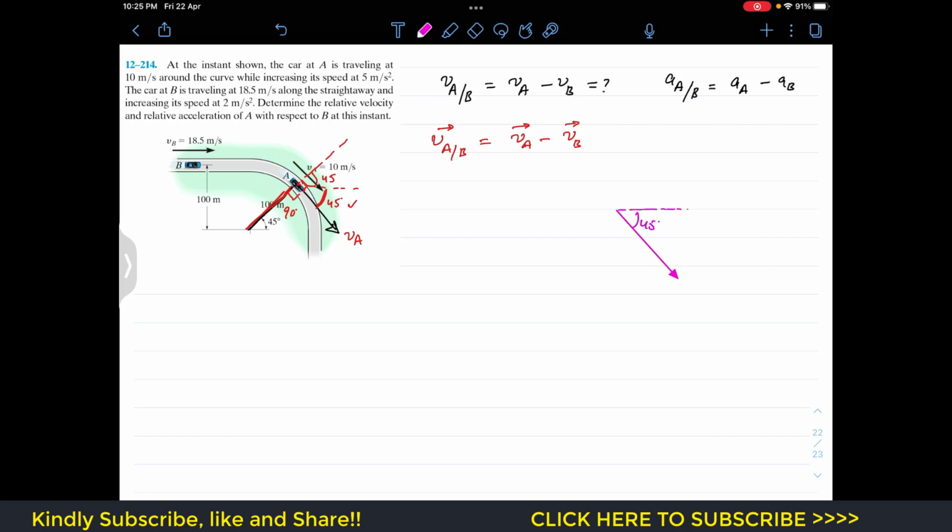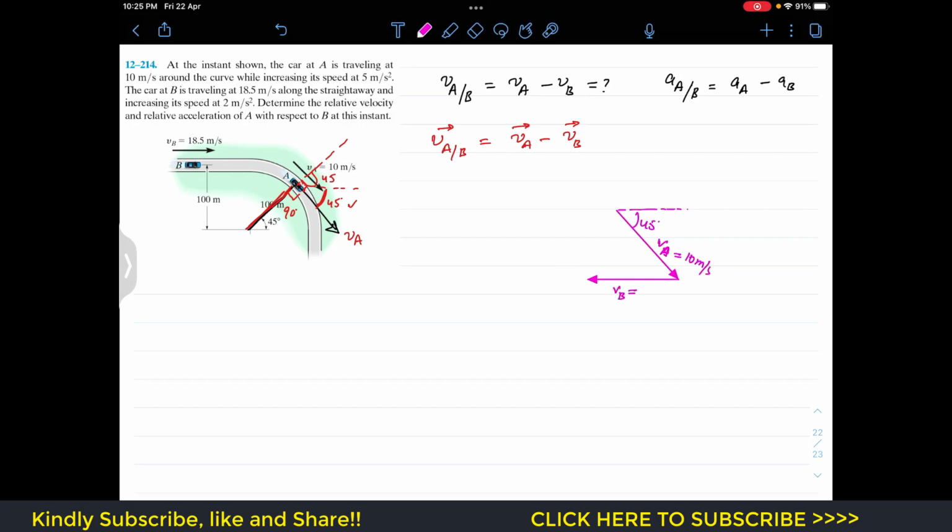So VB is acting from left to right. So to find VA with respect to B, the velocity of A with respect to B, we have to reverse the direction of VB. So the reverse direction of VB is going to act in this direction. So this is the reverse direction of VB. So this is VA, its magnitude is 10 meters per second.